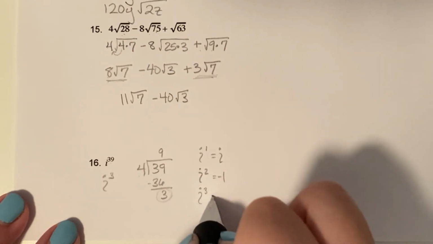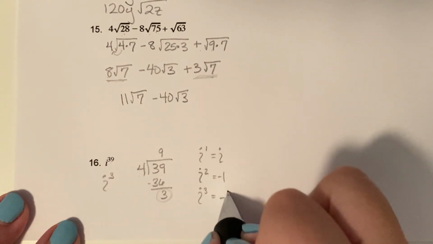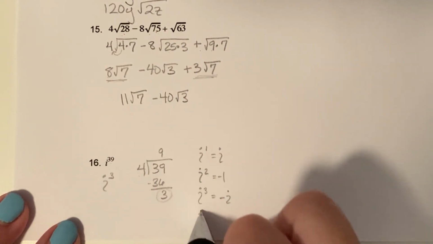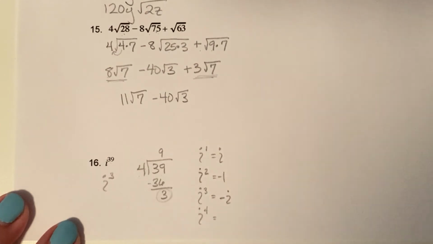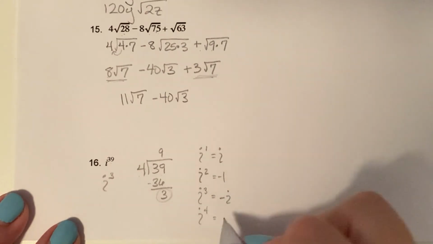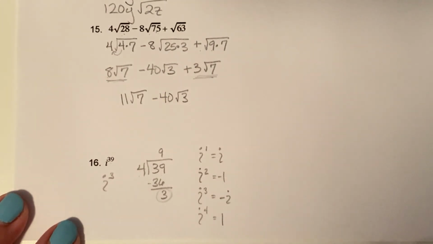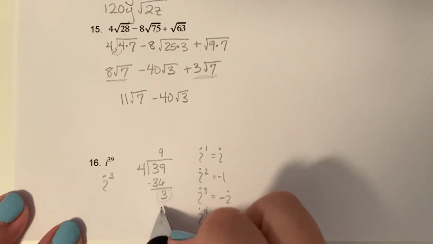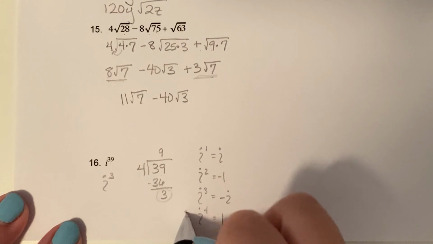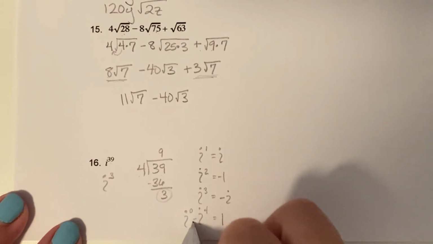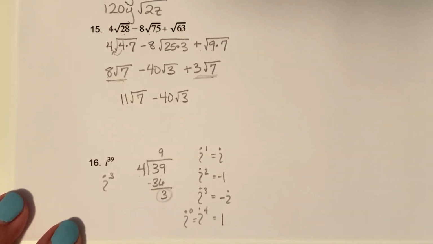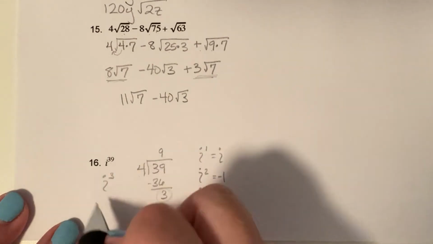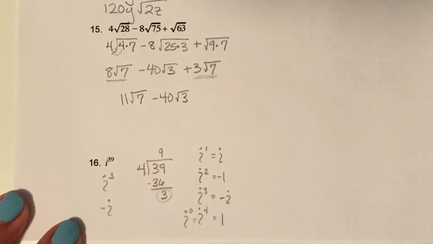I cubed is negative I. And I to the fourth is 1. If you have a remainder of 0, this is also I to the 0th power. Same thing. So since we have I cubed, it's just negative I. And that's your answer.